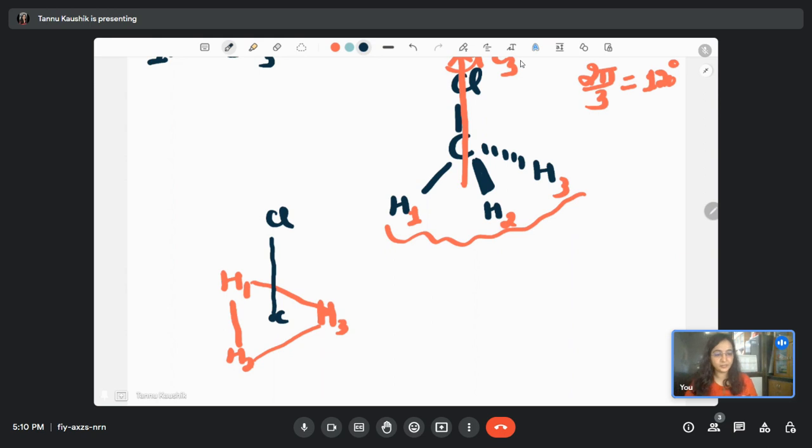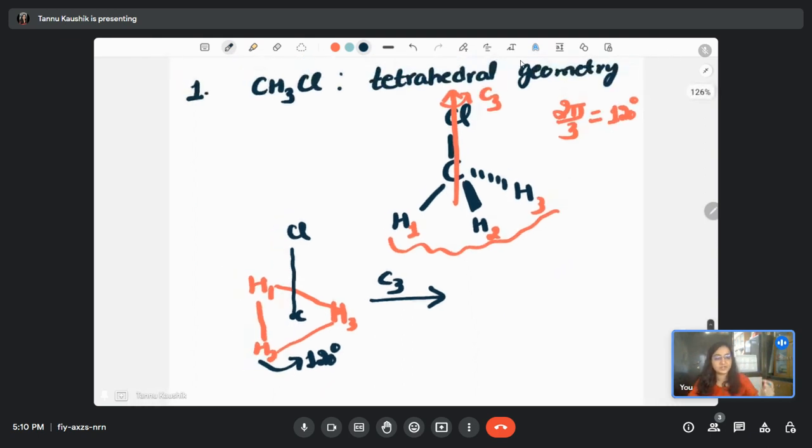As you can see, these three protons are making a triangle, and we can rotate them at a 120-degree angle, which is C3 rotation here. And please take note that we can do this C3 axis of rotation either clockwise or anti-clockwise. Therefore, we will have two C3 axis of rotation.